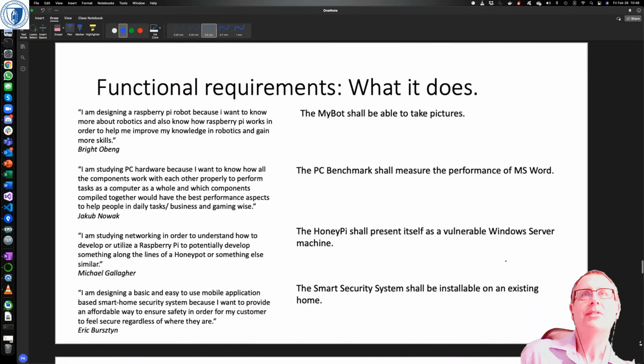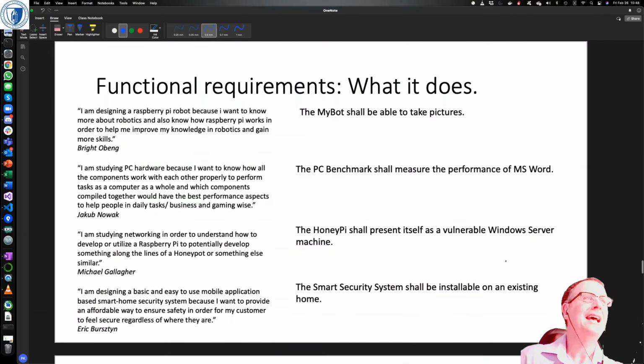So I thought I'd take a stab, and forgive me for misrepresenting anybody, at writing down one functional requirement for every project. Right. So for Bright's project, the MyBot shall be able to take pictures. I wasn't sure what to call it, so I was going to go with PyBot, and then I thought, oh, let's make it MyBot, right?